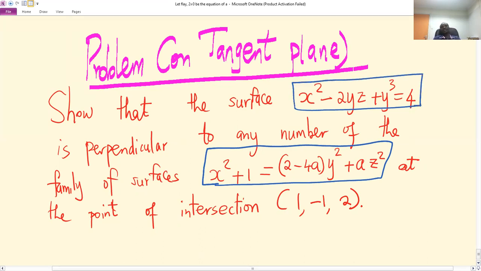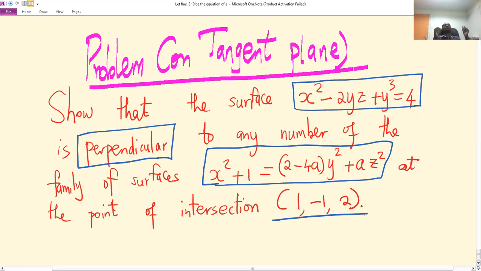So the main work is to show that this surface and the family of surfaces defined by this equation are always perpendicular. And then the point of intersection is 1, minus 1, and 2.